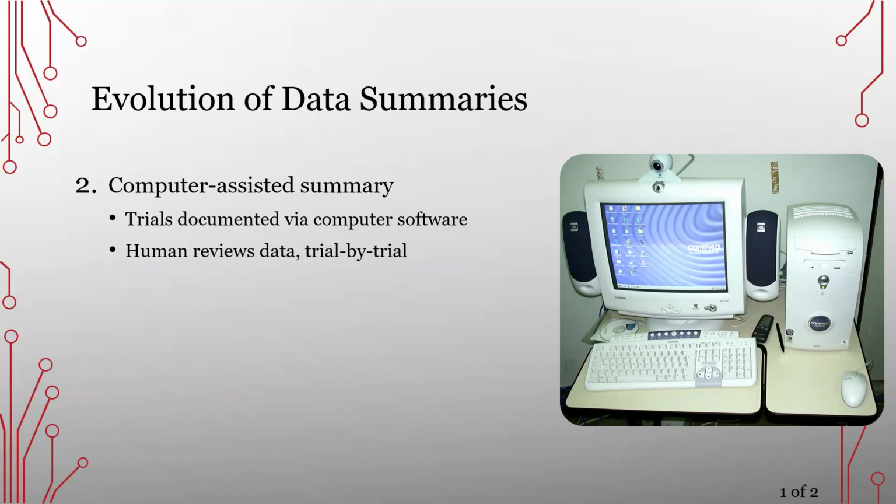There's just obviously so much more that can be done once you get a computer involved. So it's a pretty big jump from the first approach. Your increased bandwidth for processing information allows a research program to grow. It can do a lot more than just a couple of trials before losing your mind.